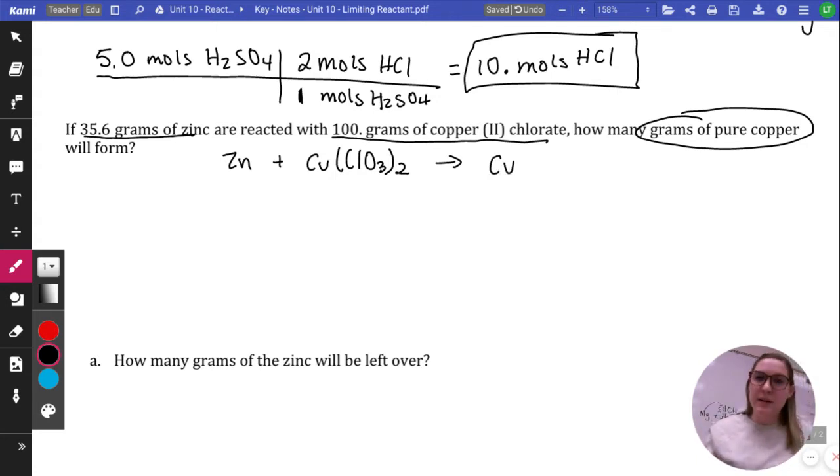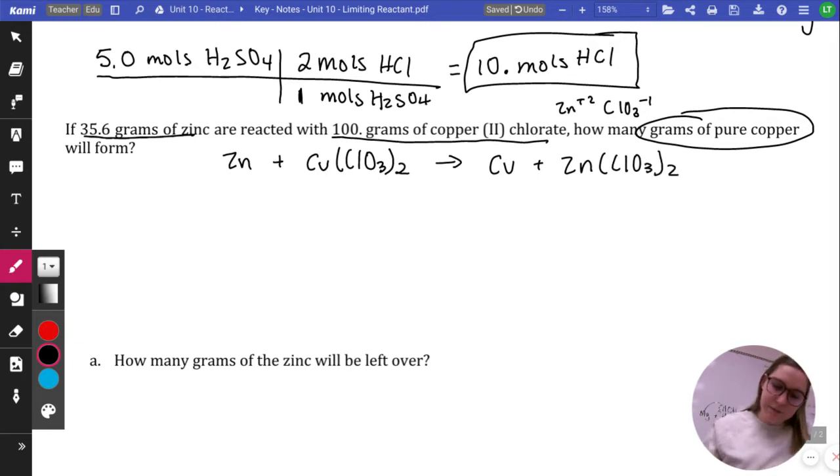We'll have copper all by itself. And then we'll have zinc with chlorate there. Zinc is a positive 2 charge, chlorate is a -1 charge, so we swap, drop, reduce. I get Zn(ClO3)2. And it's all balanced already, so we're good to go.